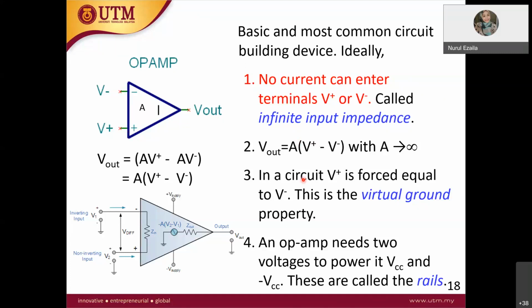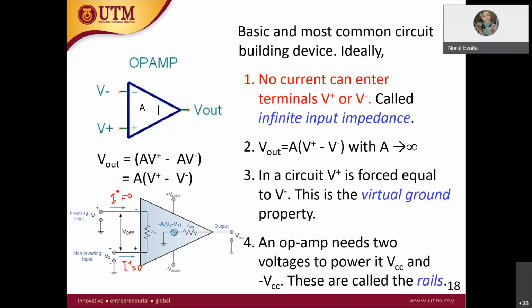So this is what is meant by this one. I inverting is equal to 0 and I non-inverting is also equal to 0. Current cannot enter the op-amp, so it is equal to 0.